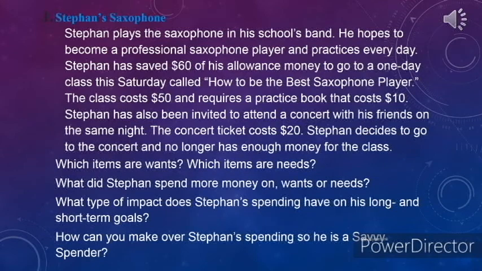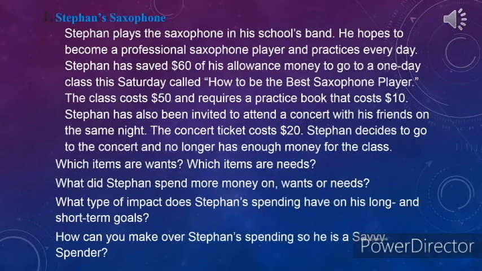Stefan's saxophone. Stefan plays the saxophone in his school's band. He hopes to become a professional saxophone player and practices every day. Stefan has saved $60 of his allowance money to go to a one-day class this Saturday called How to Be the Best Saxophone Player.